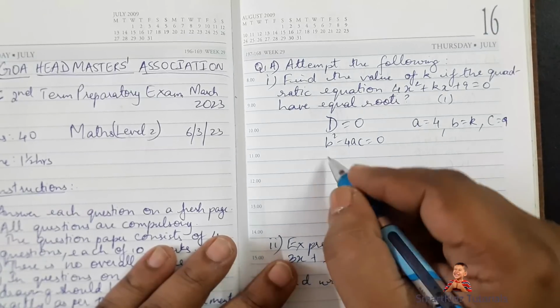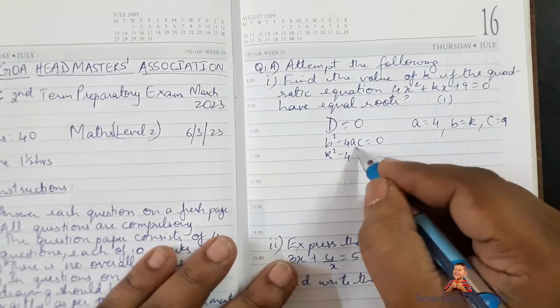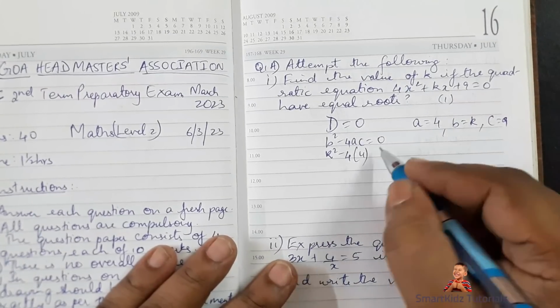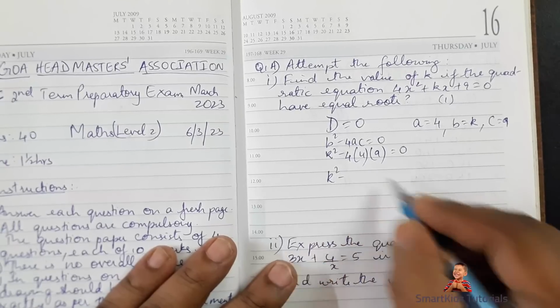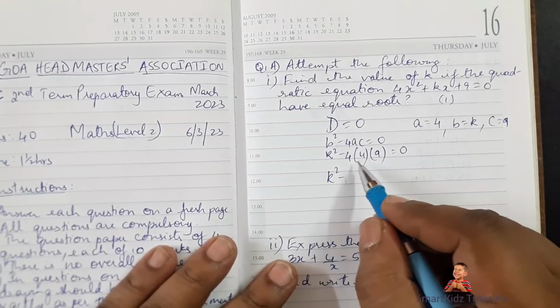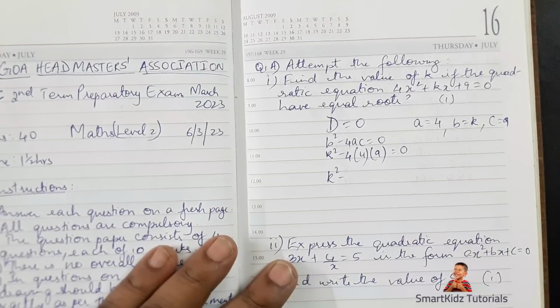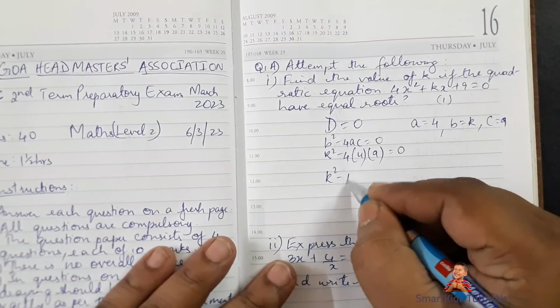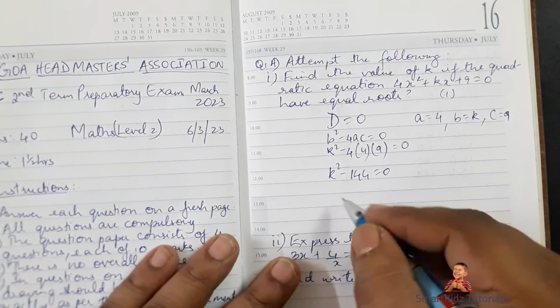So b is k, so that would be k square minus 4 times a, which is 4, and c is 9, equal to 0. So k square minus 4 into 4 into 9, we get 144. We'll take this 144 on the right hand side.